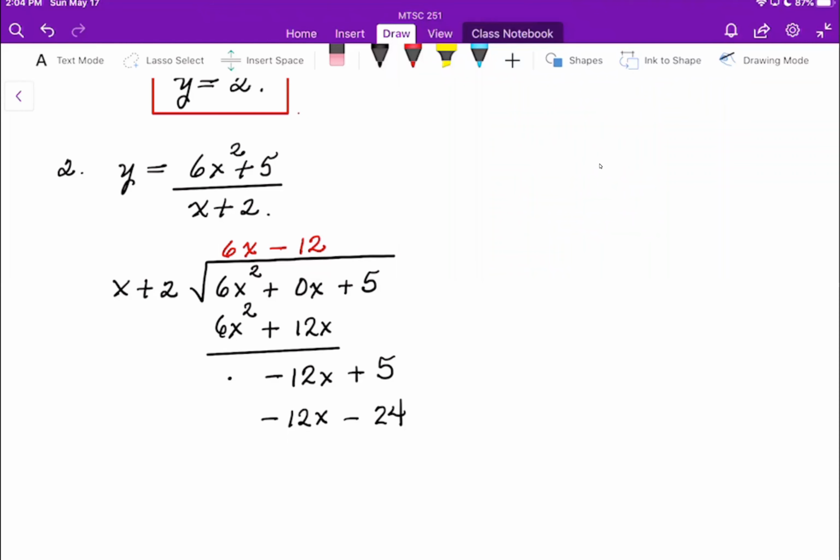Let's subtract. So negative 12x minus negative 12x is going to give us 0. And then 5 minus a negative 24 is going to give us 29.